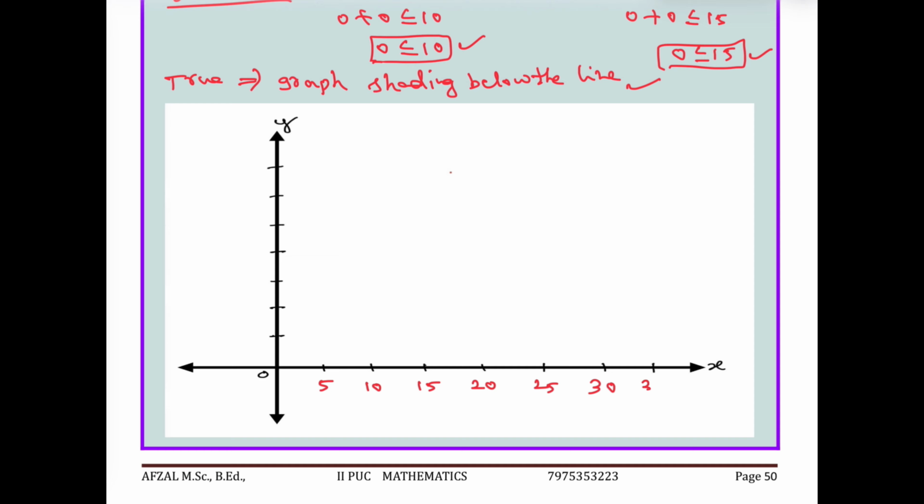divided by square root of a square minus, in place of x if you substitute a sin theta, a square sin square theta.